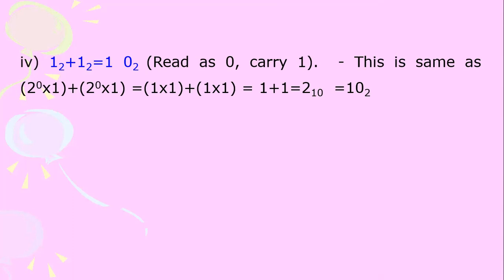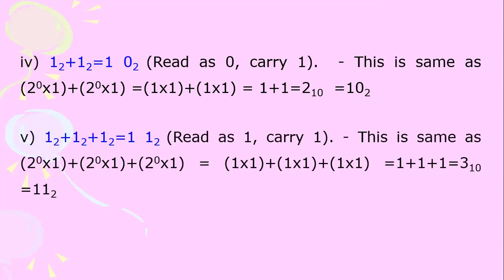And therefore, simply put, my dear students and the rest of the learners, if you get 2 in decimal, to convert it to binary, just as we saw in my presentation part 2 of 3 in this series, you will get 0, 1 in binary. Which you can read as 0 carry 1.